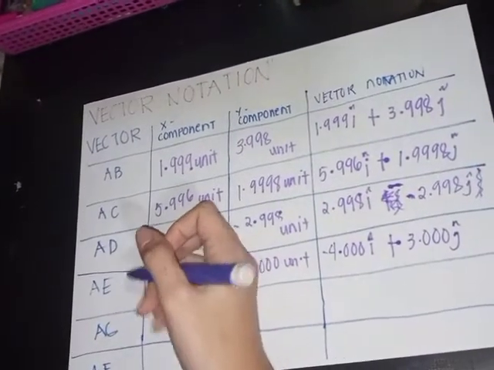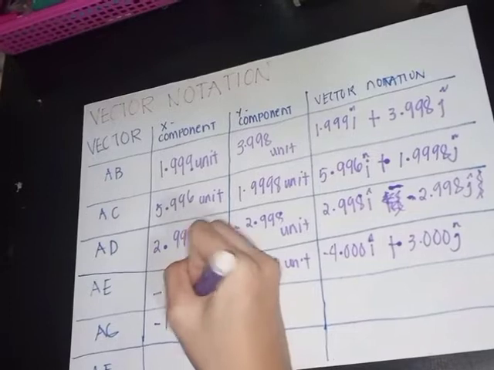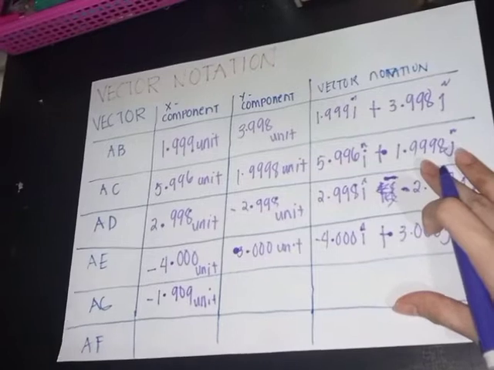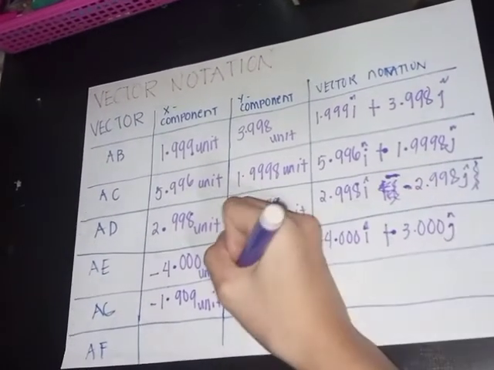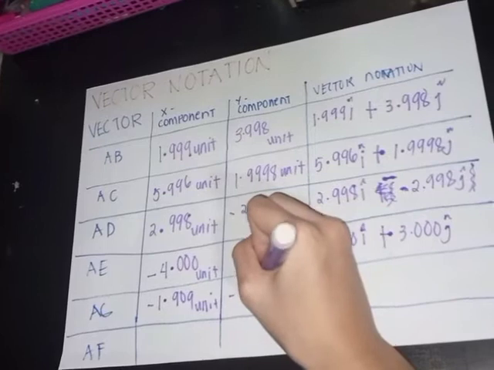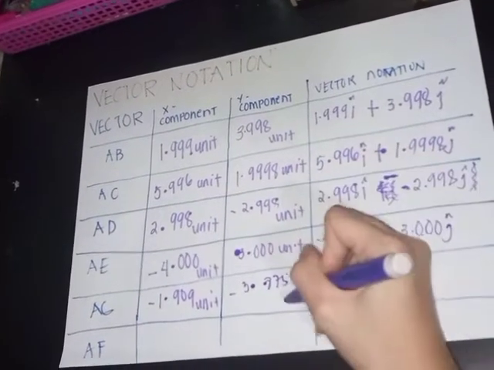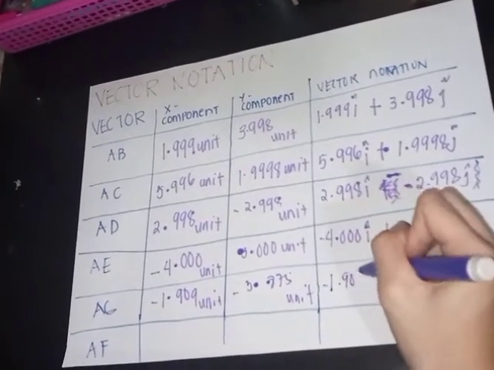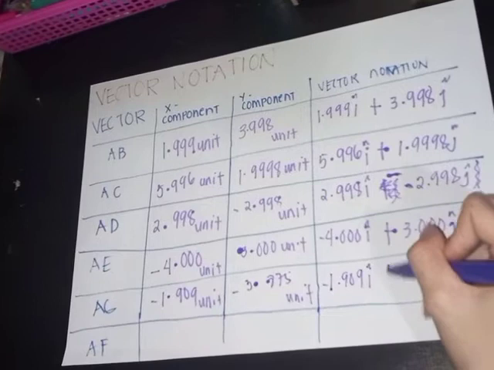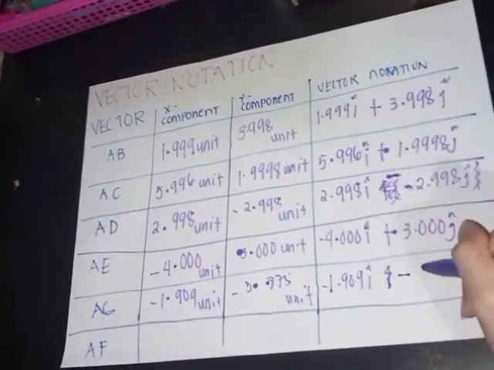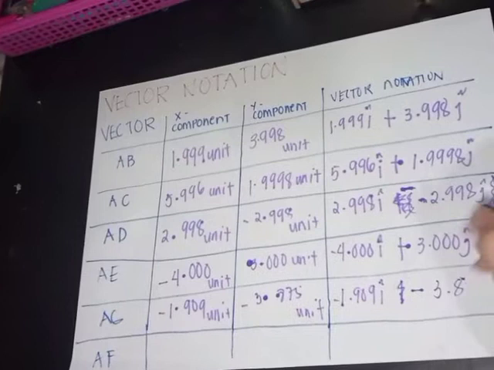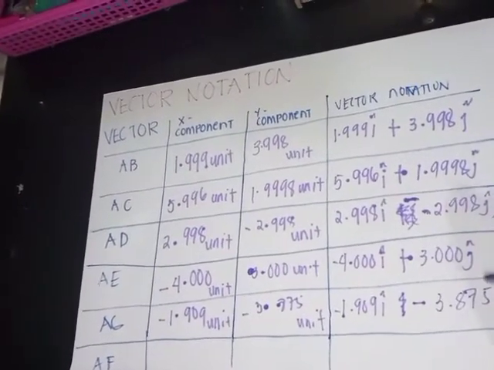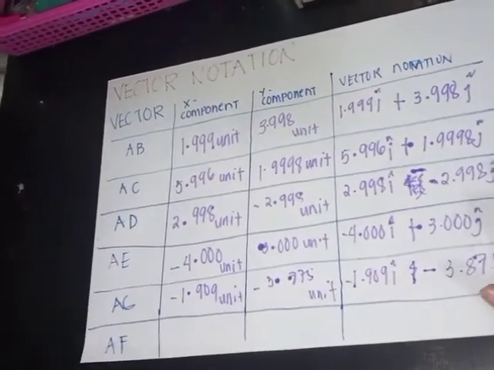And then for vector AG, we have negative 1.909 unit, and then y component is negative 3.875 unit. For vector notation, we have negative 1.909 vector notation i and minus 3.875 vector notation j.